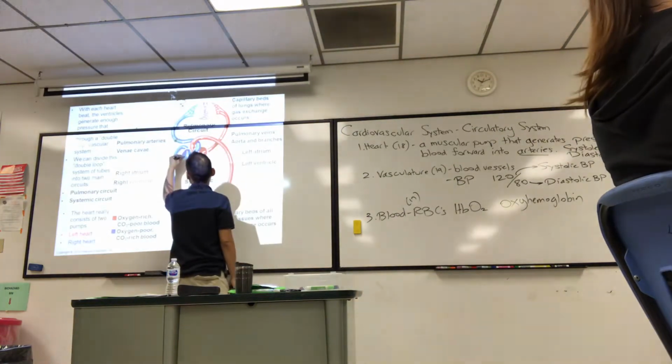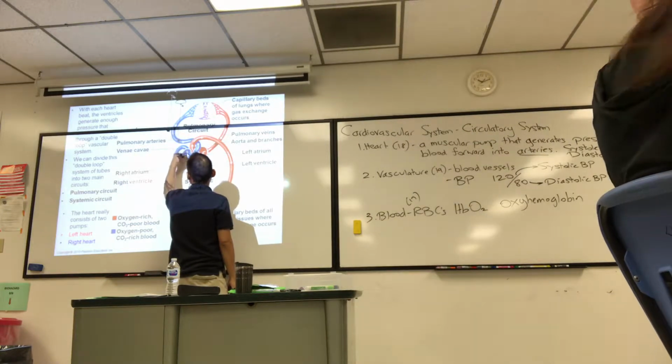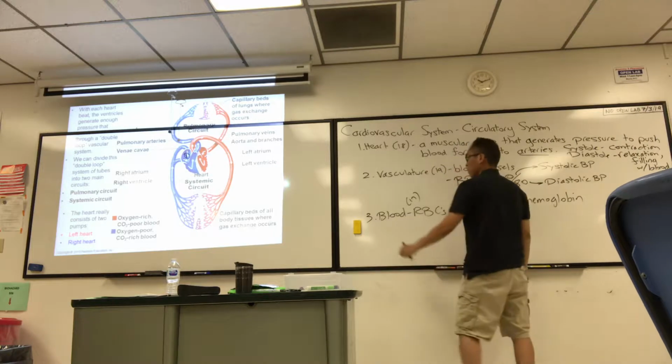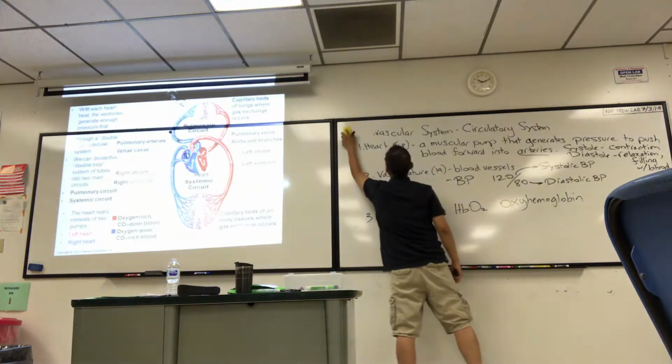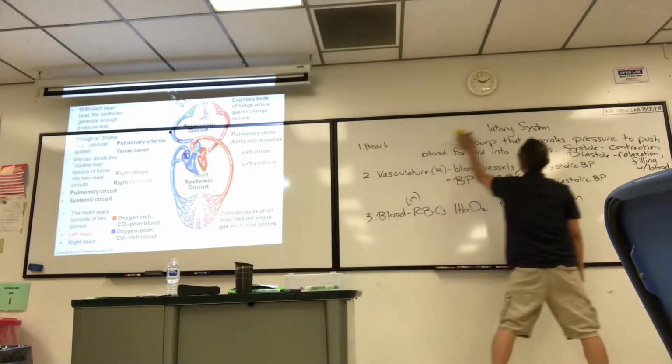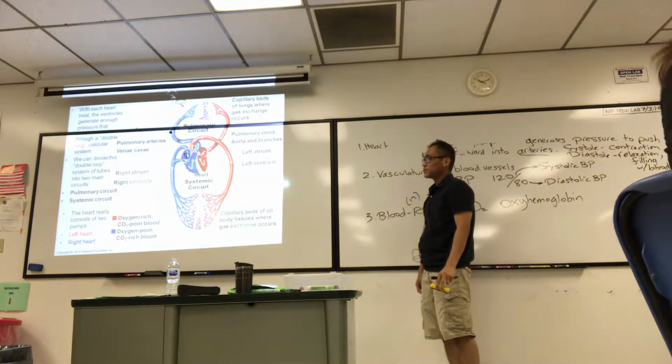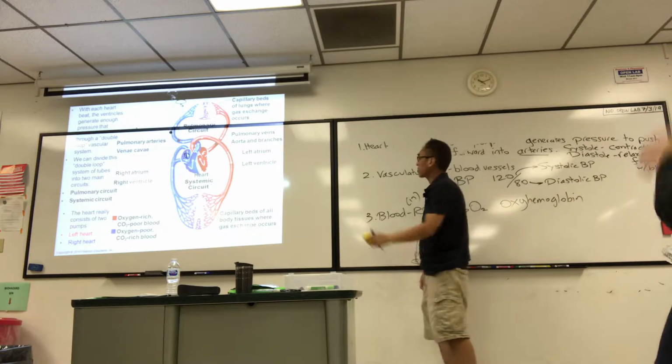Okay, I'm going to put a number 1 here. That's where I want to start. It shows you the heart. And one of the things we learned is that there's 2 hearts. There's a right heart and a left heart. And the other thing we see is there's 4 chambers in those 2 hearts.